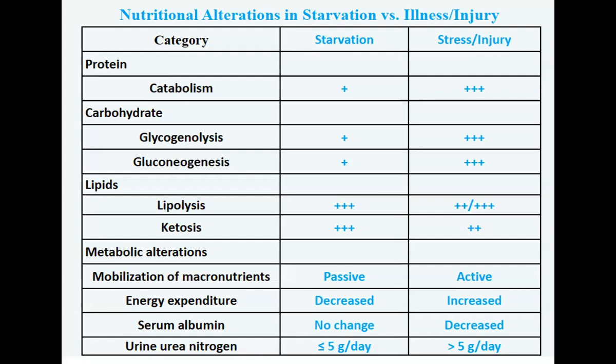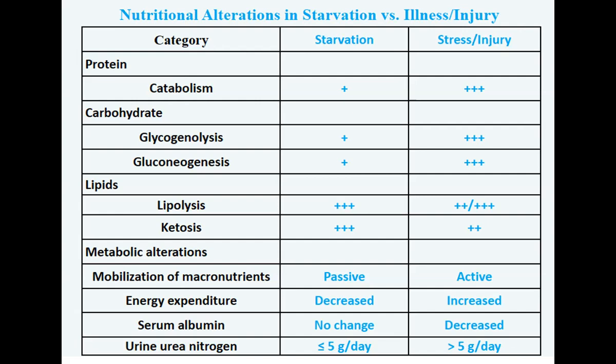Our nutrition stores and how our body uses nutrition varies based on the state that our body's in. So in starvation, there's no physiological change happening. Really this is only from poor oral intake due to a socioeconomic reason, mental health issue, or eating disorder. And the starvation etiology of poor nutrition status is reversible with feeding.